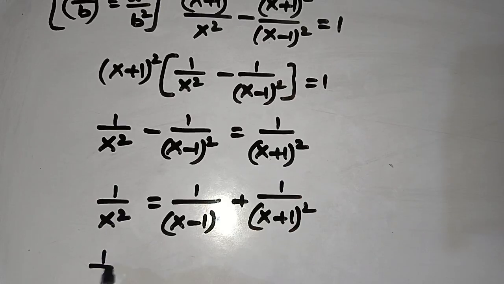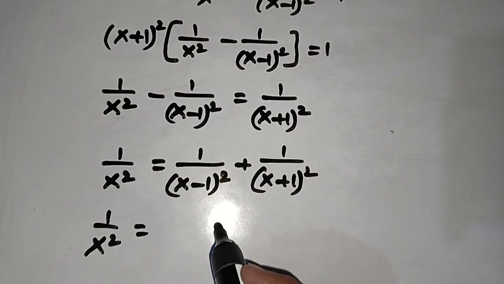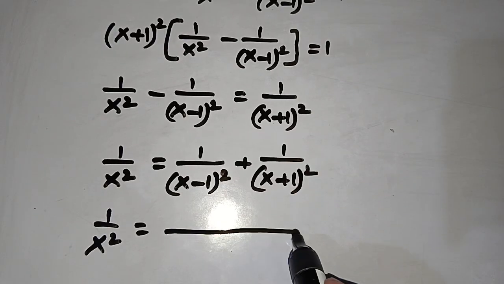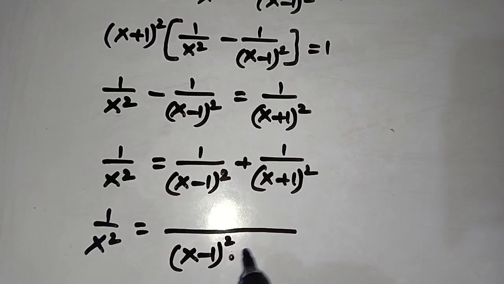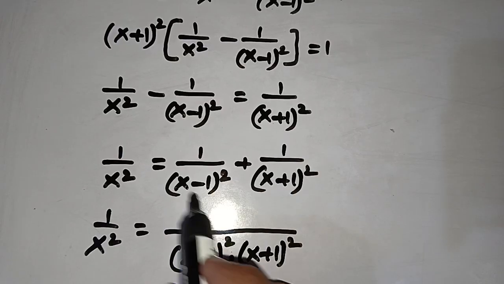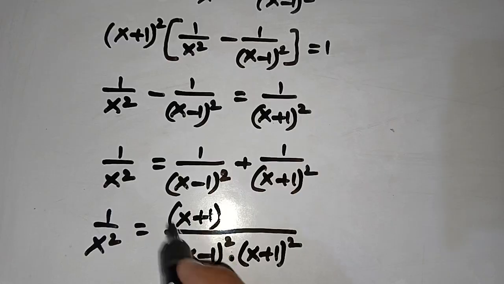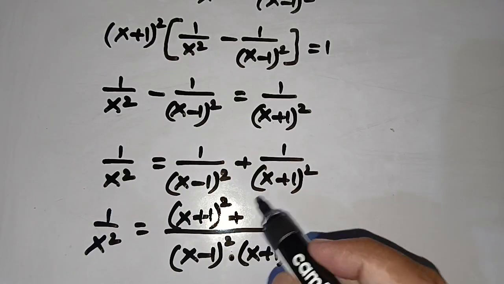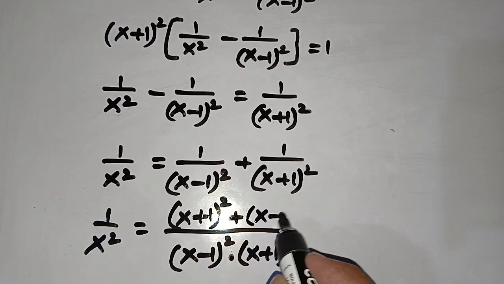So here 1 by x square is equal to, making one denominator, (x minus 1) whole square times (x plus 1) whole square, and here we get (x plus 1) whole square, and here we get 1 times (x minus 1) whole square.